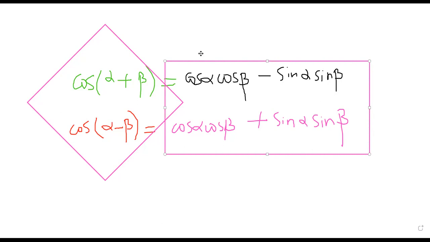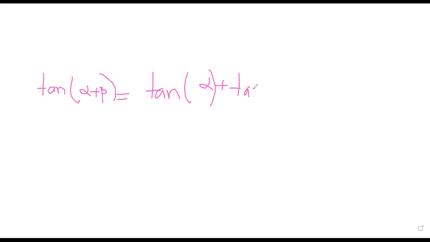If we write the formulas in the form of tan of theta, the third type of formulas: tan of alpha plus beta will be equal to tan alpha plus tan beta over 1 minus tan alpha and tan beta.